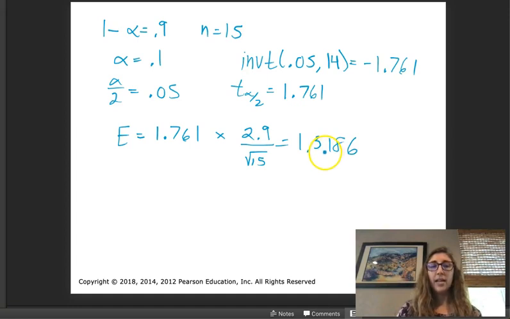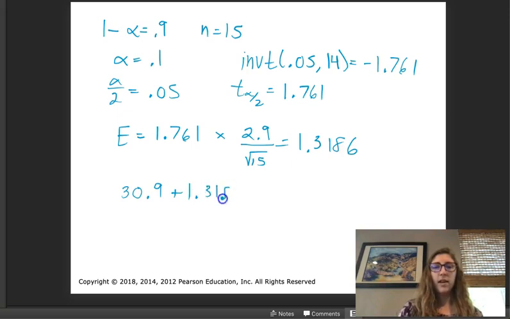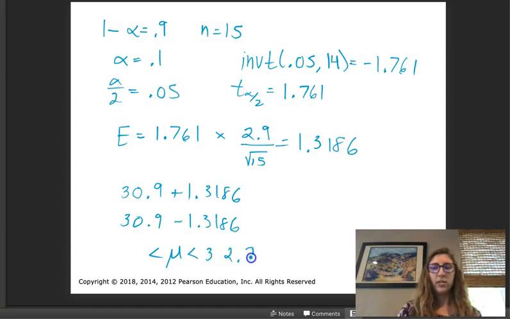So now we would be adding and subtracting this to what? To our x bar, right? So our x bar was 30.9. So we would take 30.9 and we would add this value here. And we would take 30.9 and we would subtract this value here. Okay. And so our confidence interval for mu, let's see, if we add this, we should get 32.2.